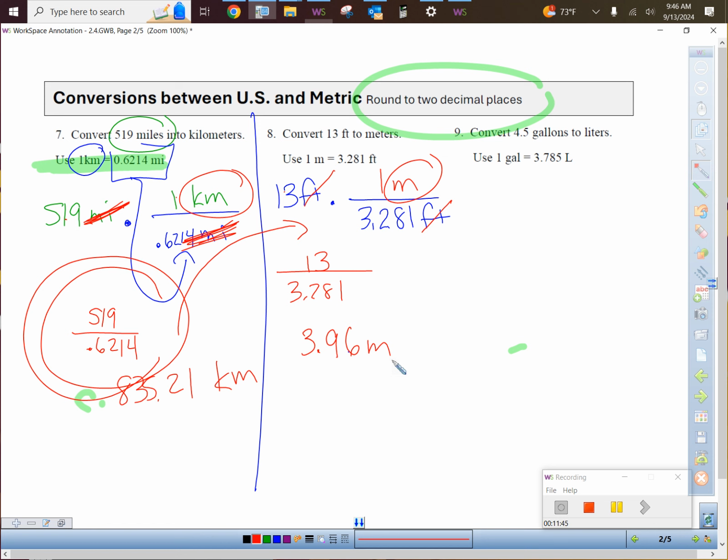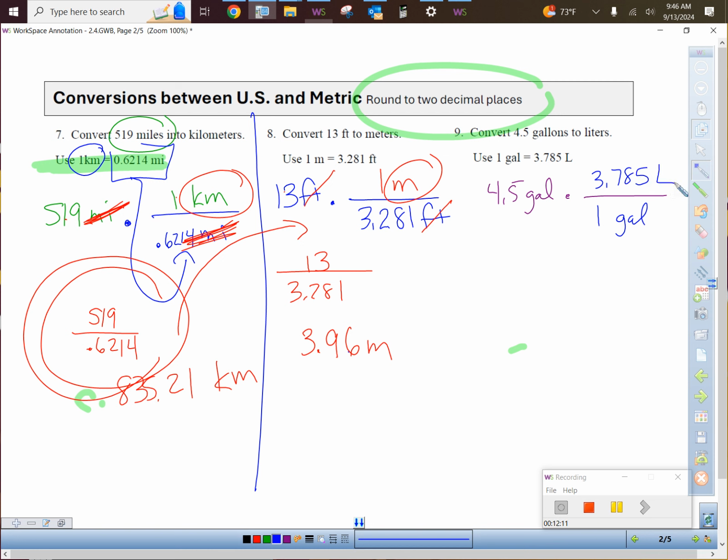So try the last one without me. Set your little fraction up with labels. Start with 4.5 gallons. I would use GAL instead of G, because G is for grams. Gallons is GAL. Set this little fraction up and check it with mine. Did you set it up correctly?